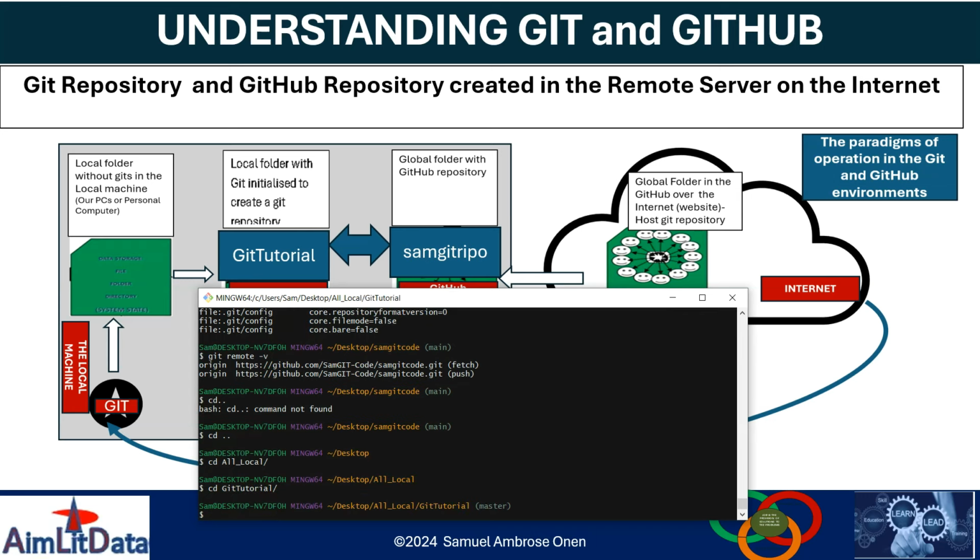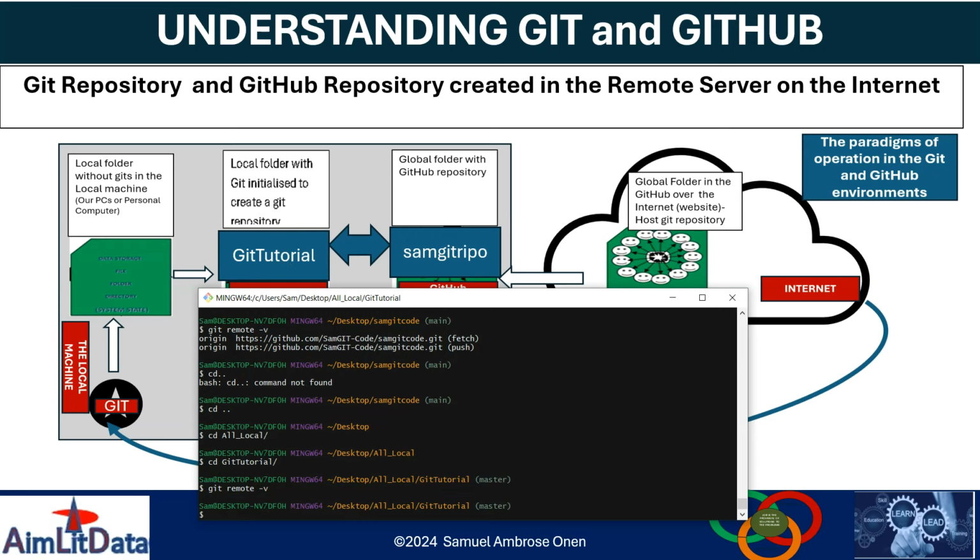I want to go there to establish the connection. So before, let me check git remote -v. This is to check this link here. Are they connected? There's no connection, but I want to create that connection locally right now.